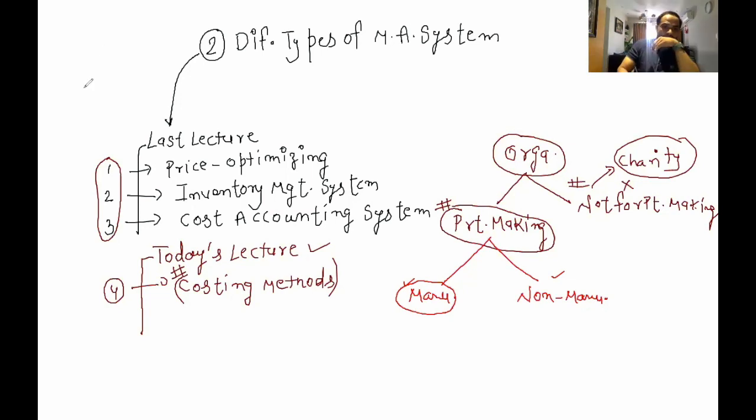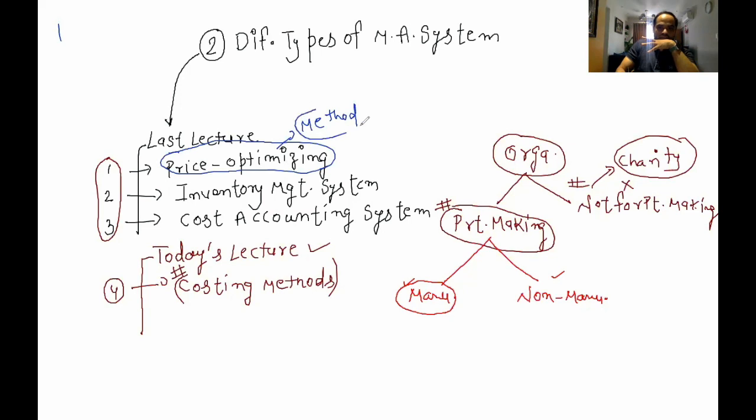Why? Let me give you a quick example from the previous session. In the previous session, we studied price optimization. We studied one method in price optimization.